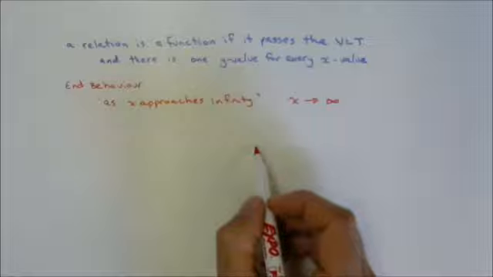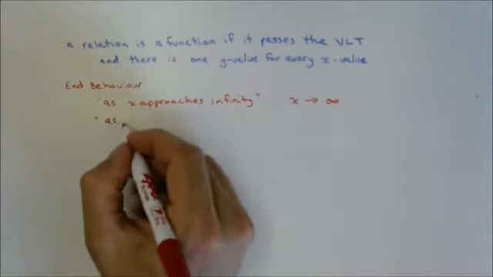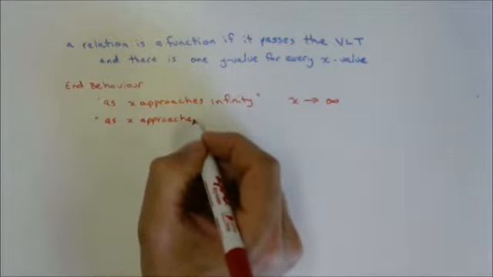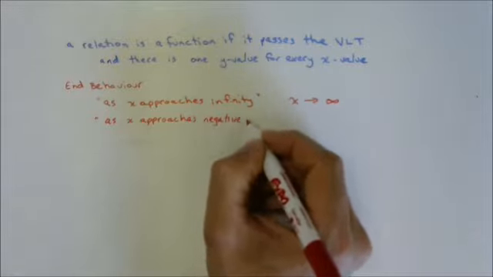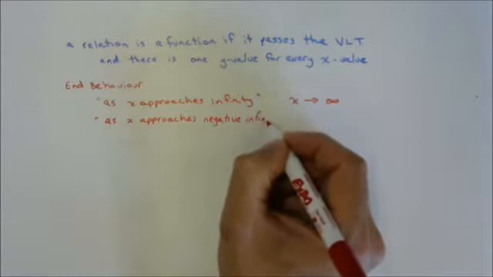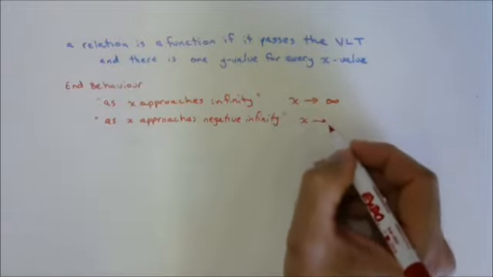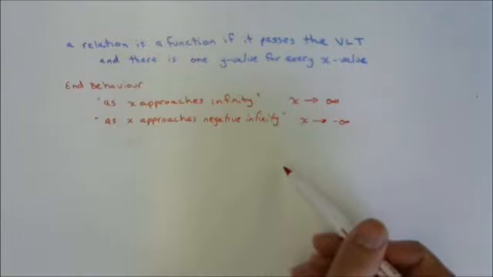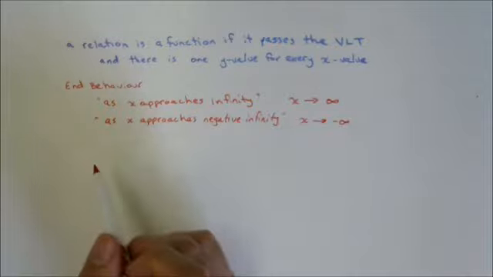That's reading a graph to the right. And then we have as x approaches negative infinity. And that's x arrow negative infinity. That would be looking at the function from right to left. What's happening as x approaches negative infinity.